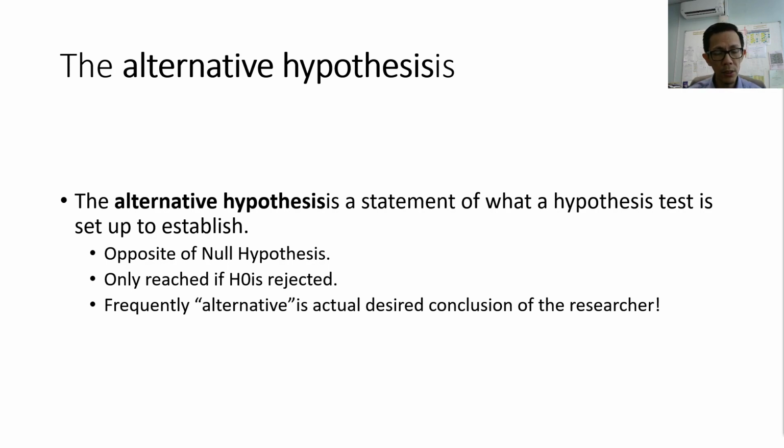Okay, if you reject the null hypothesis, it means the alternative hypothesis has got some merit, right? So frequently the alternative hypothesis is the actual desired conclusion of the researcher.